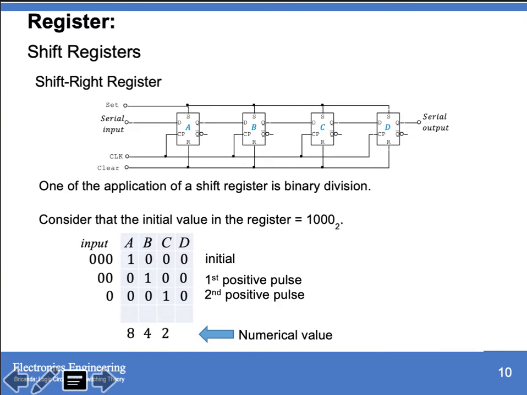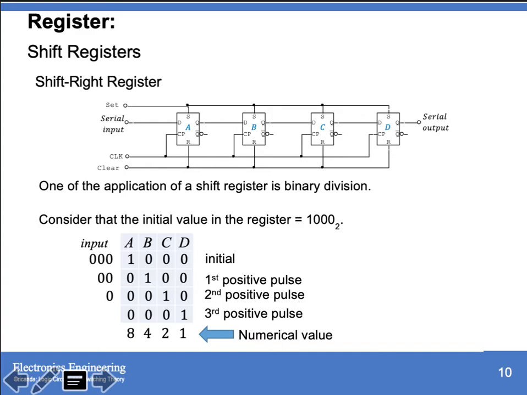On the second positive cycle, it will move your A to B, B to C, C to D, and the input from outside goes to your A. So the numerical value of your stored data inside your register is now equivalent to 2. And on the third positive pulse, your last input data will go to A, then A to B, B to C, C to D. And the numerical value of your stored data in your register is now equal to 1.